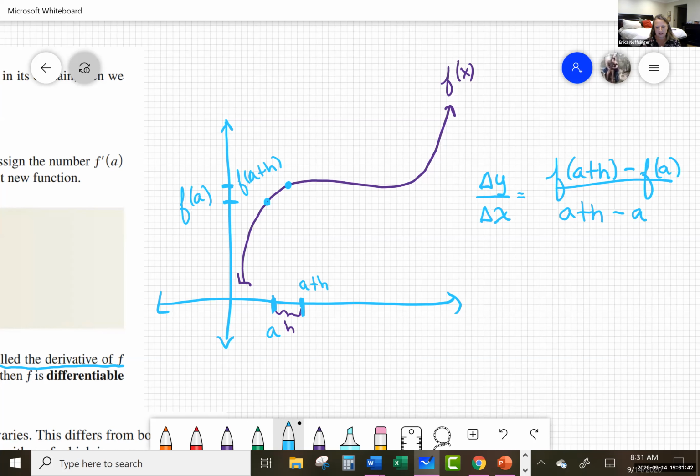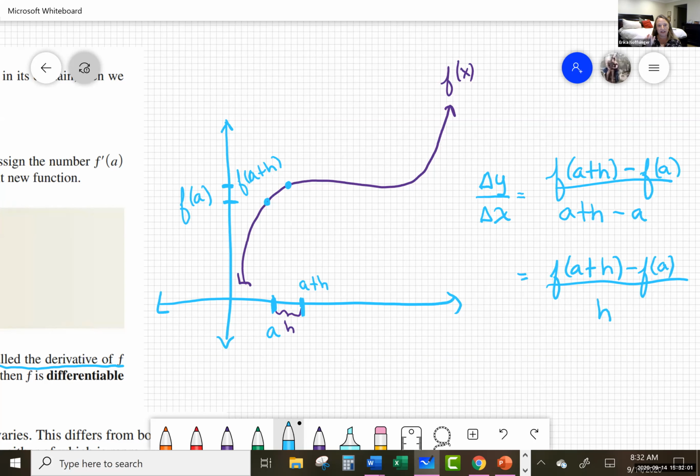And so notice that this reduces down here a little bit. This is f of a plus h minus f of a all over, well, in the denominator, we have an a minus an a, so those cancel out, all over h.